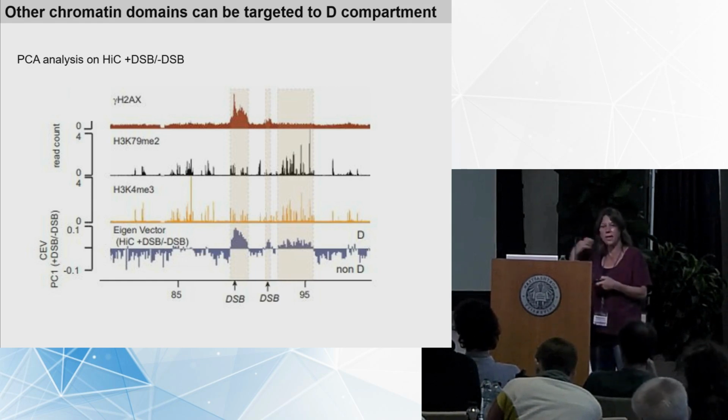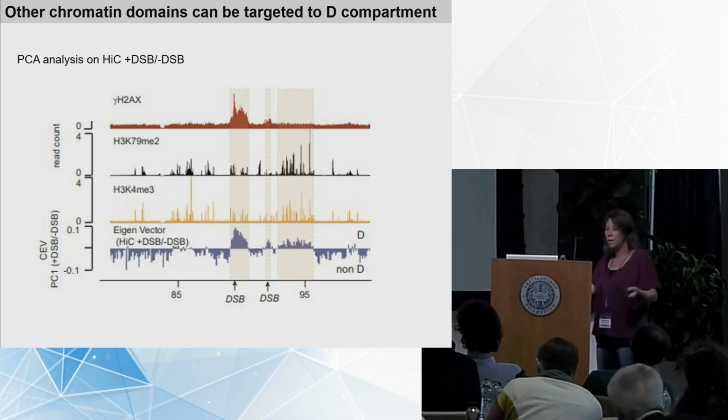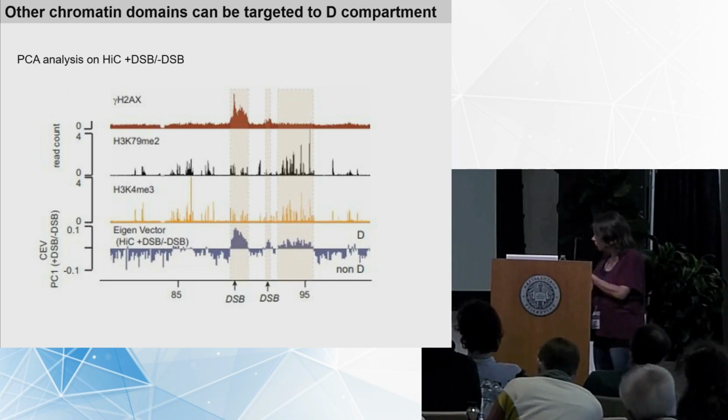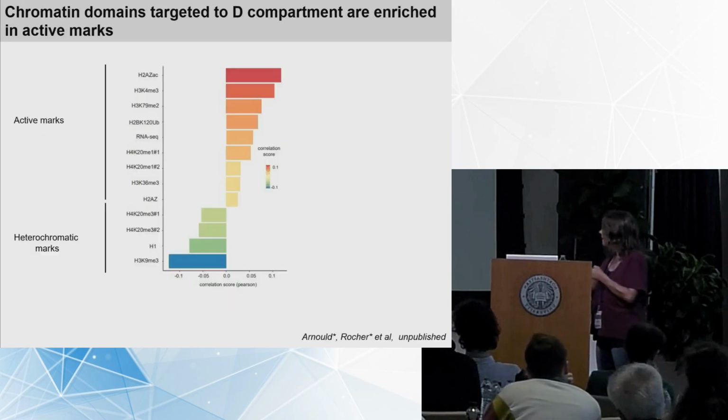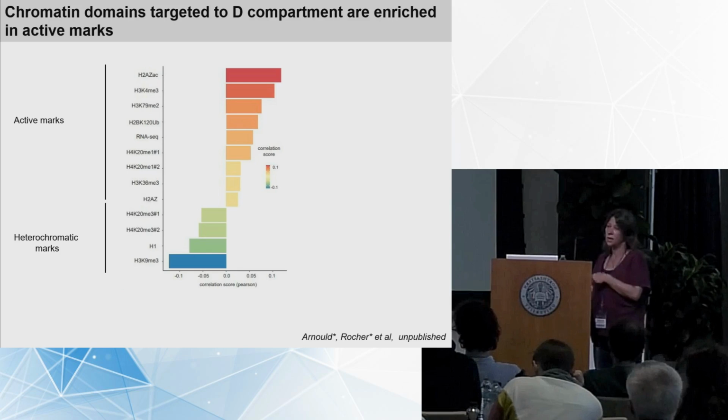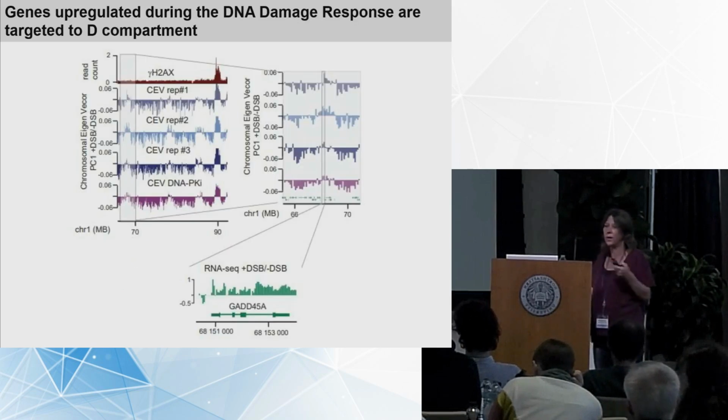So undamaged loci were also able to cluster with and to form this D compartment and to self-segregate with the damaged DNA themselves. So we retrieved all these loci, and we could see that they rather carry active marks and are rather devoid of heterochromatin marks. So somehow those genomic loci were active loci, genes.